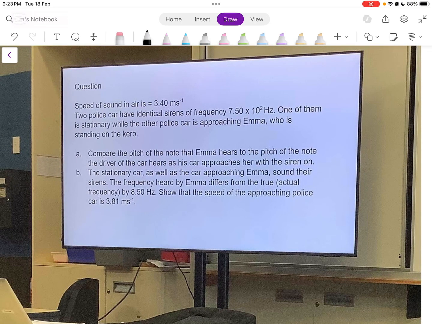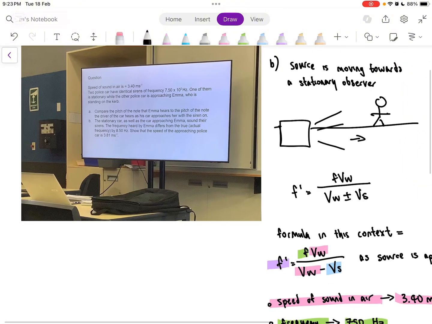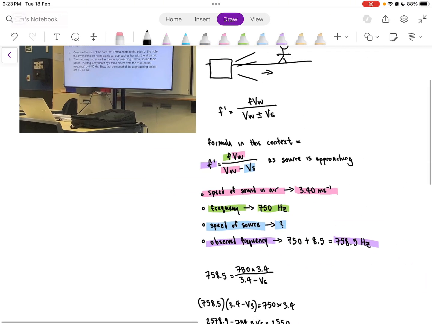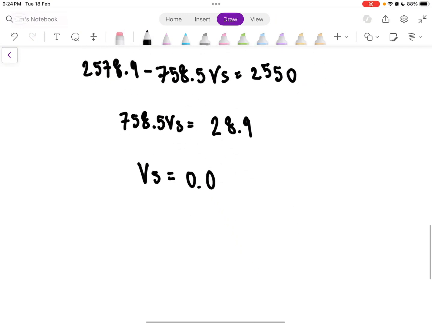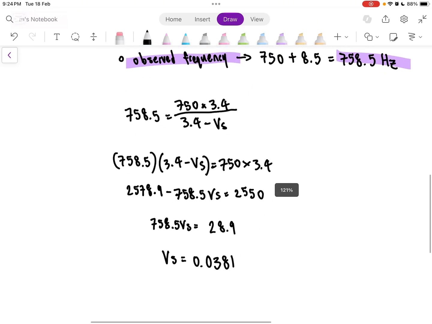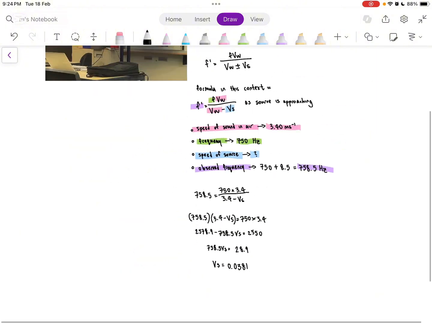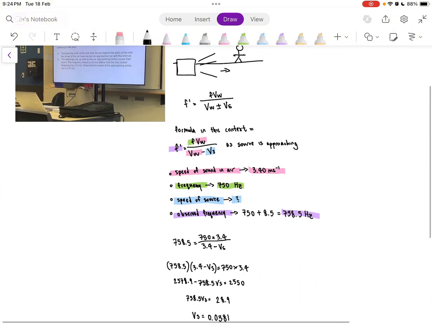I think I forgot to convert meters per second to kilometers per hour. Wait, no, it's meant to be in meters per second, right? So why is it 3.81? Okay, I don't care. You probably know how to convert it back, but I'm not bothered to do that because it's a waste of time right now. But anyways, the answer should be in meters per second.